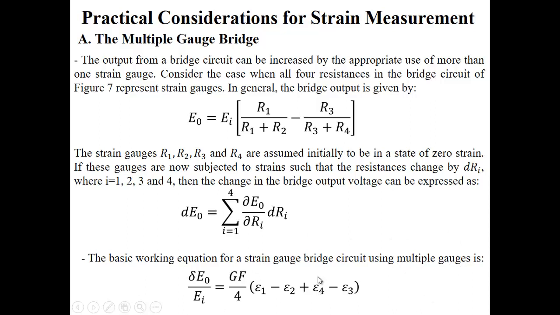The detailed derivation you can get from the books given, so you can know why the strain 1 minus strain 2 plus strain 4 minus strain 3. You will see the detailed derivation in the books if you are curious about that.